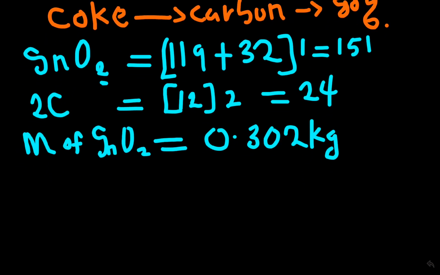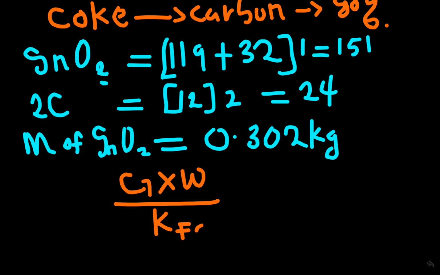Once you're able to outline this, we'll delve straight into the calculation. Making use of the relation, what is actually given times what we want over what we know from what is given. So what was given here is 0.302.